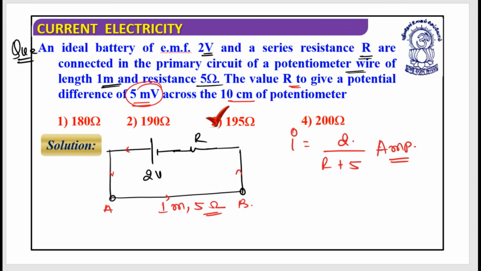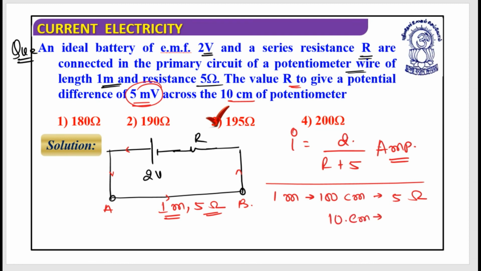So what I understand is that this is a wire of 1 meter. That means 1 meter stands for 100 centimeter, and it has a resistance of 5 ohm. So if my wire is 10 centimeter, what would be its resistance?